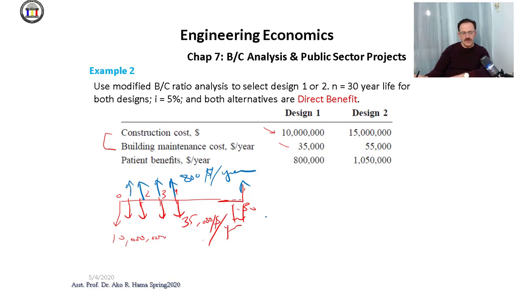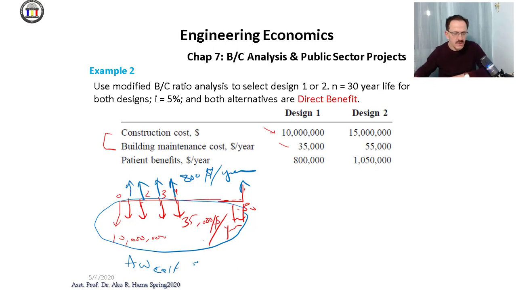First of all, I have to order the projects based on their total cost. So I will find the annual worth of the cost, and this will be the total cost of this project.